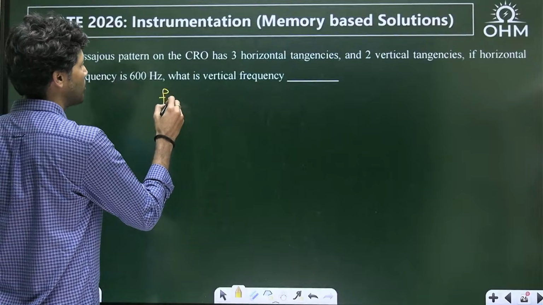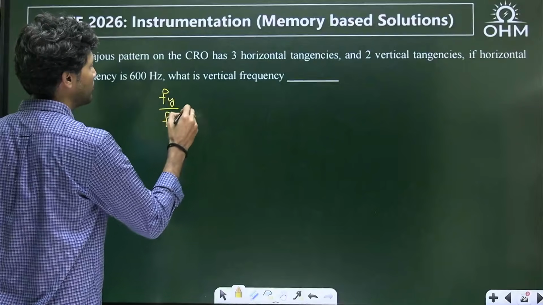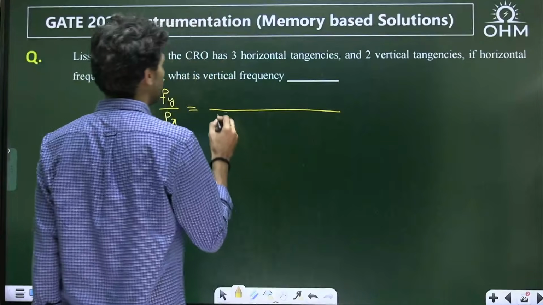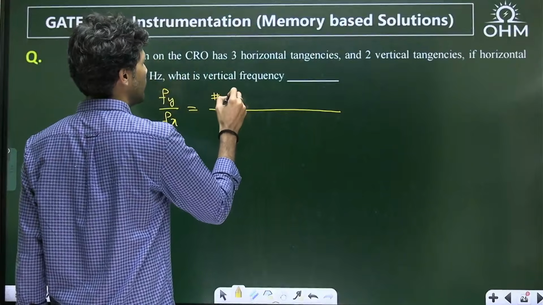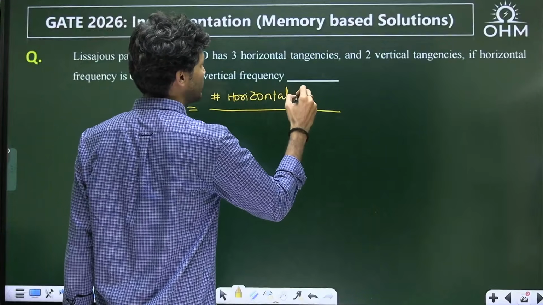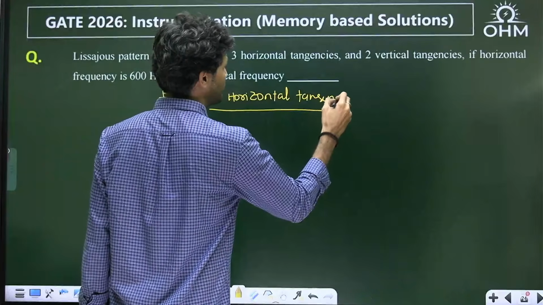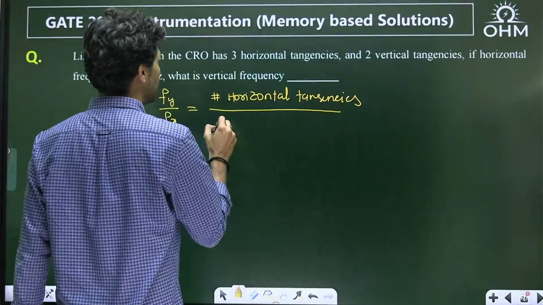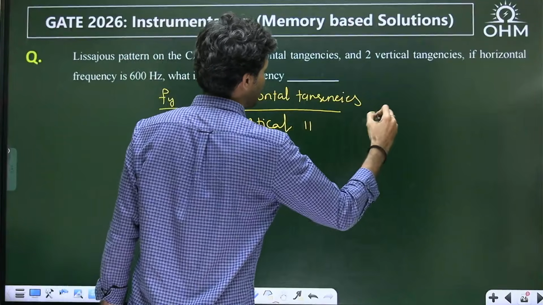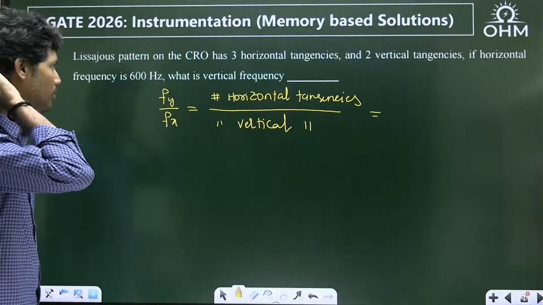See, we have a formula: Fy by Fx is equal to the ratio of tangencies in reverse. So this is equal to the number of horizontal tangencies by the number of vertical tangencies. Okay, so x is horizontal, y is vertical.